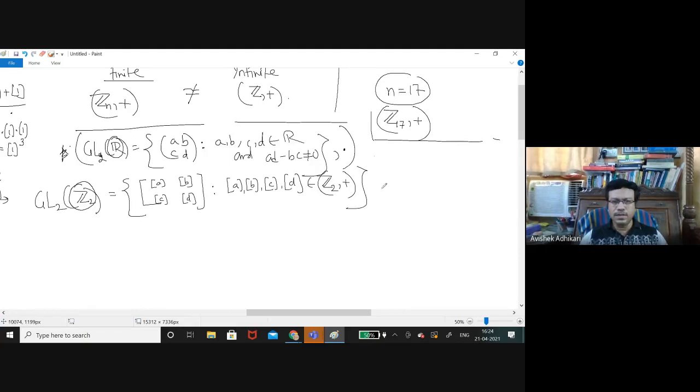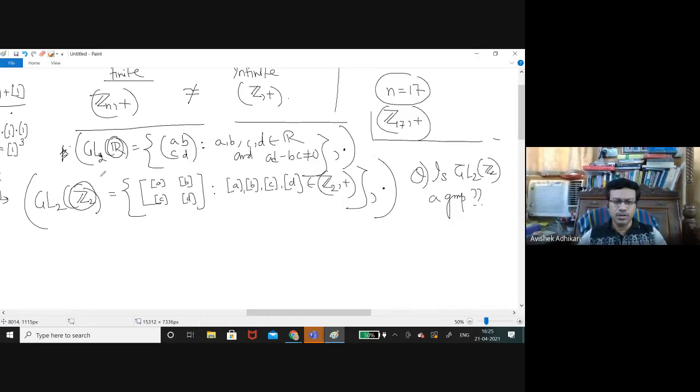Now I consider this set with respect to multiplication. The question is: is GL2Z2 a group? What is your intuition?